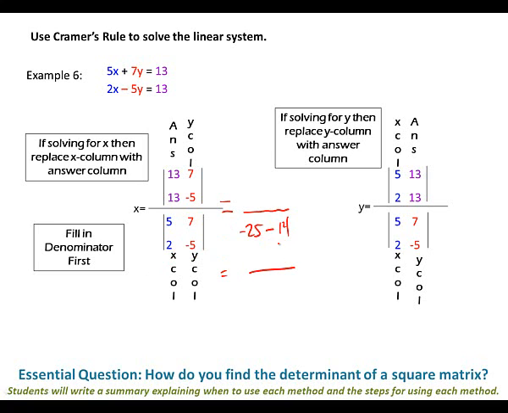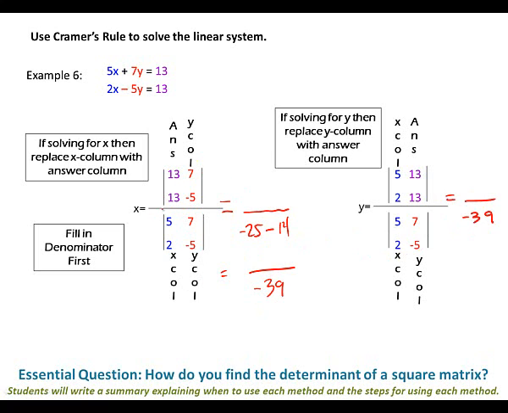What's -25 minus 14? -39. Good. This denominator is going to be exactly the same, isn't it? I write that denominator down because sometimes my sign will change when I'm doing this, and then it gets messed up. So I'm going to be safe and write it down right away.